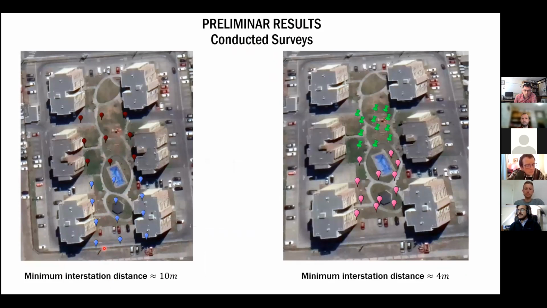So here we used a minimum interstation distance of around 10 meters.